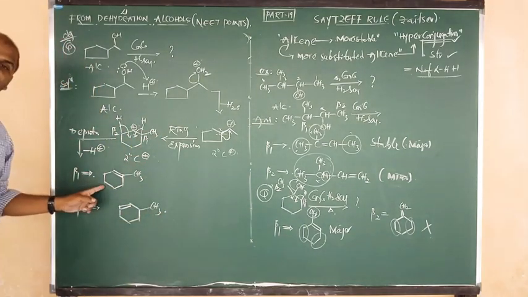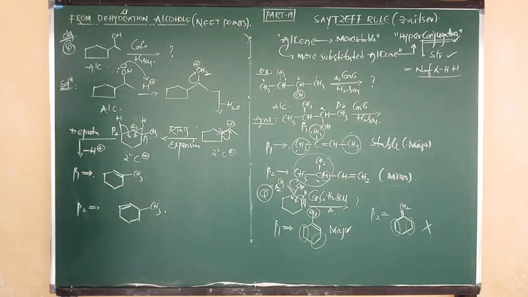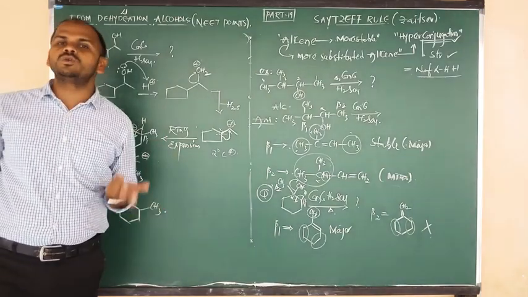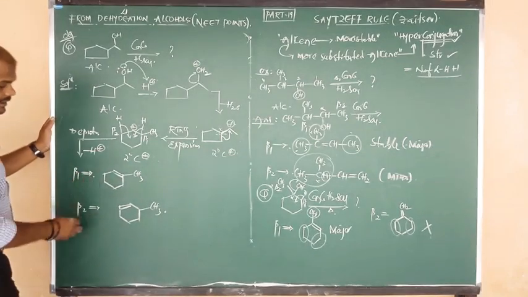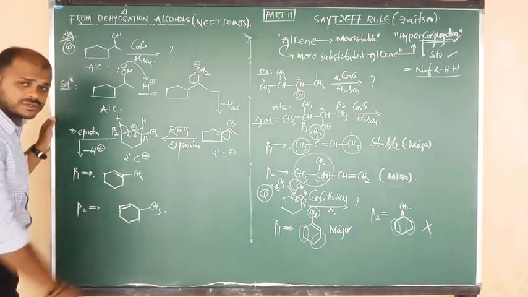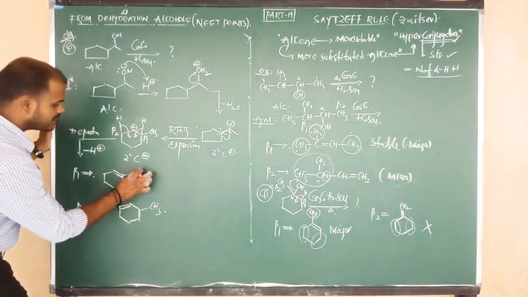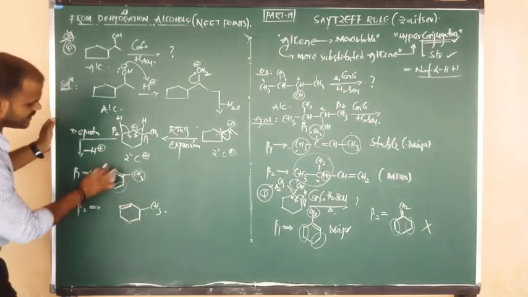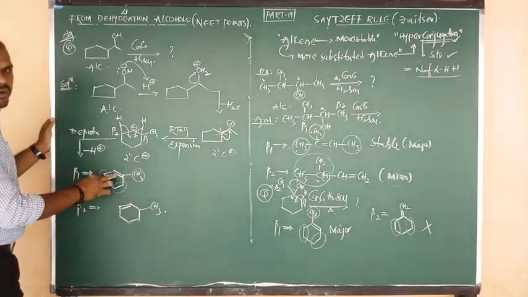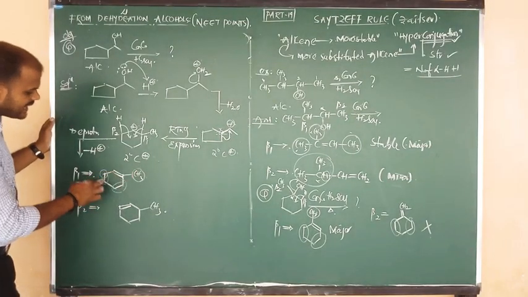So this is the product of beta 1 and this is the product of beta 2. Now decide, of the two, which alkene is major as per Saytzeff's rule. Good. In the first alkene, side chain 1, side chain 2, and side chain 3. Around the double bond, around the alkene, here 3 side chains are there.